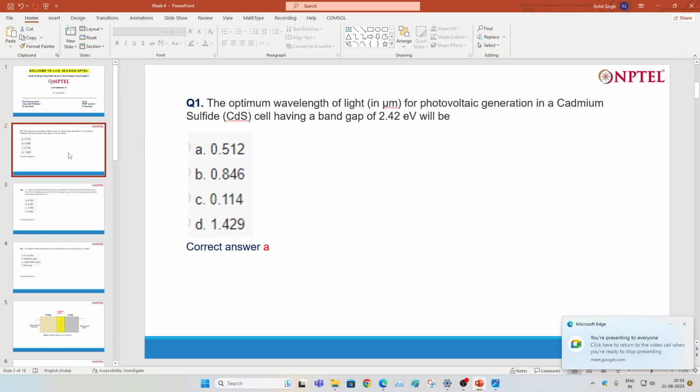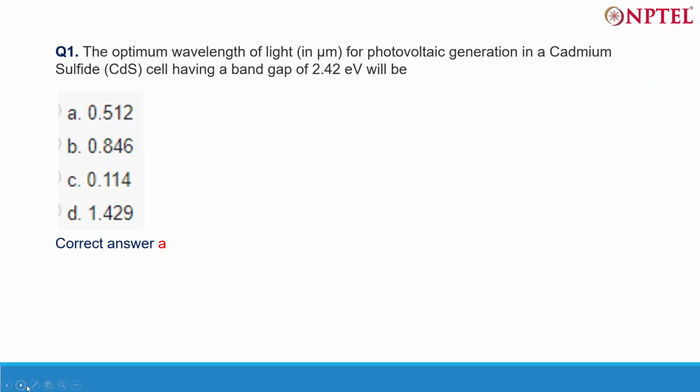The optimum wavelength of light for photovoltaic generation in a cadmium sulfide cell having a band gap of 2.42. So let's do it. This is a question which we solved also. E equal to 1.24 upon lambda.